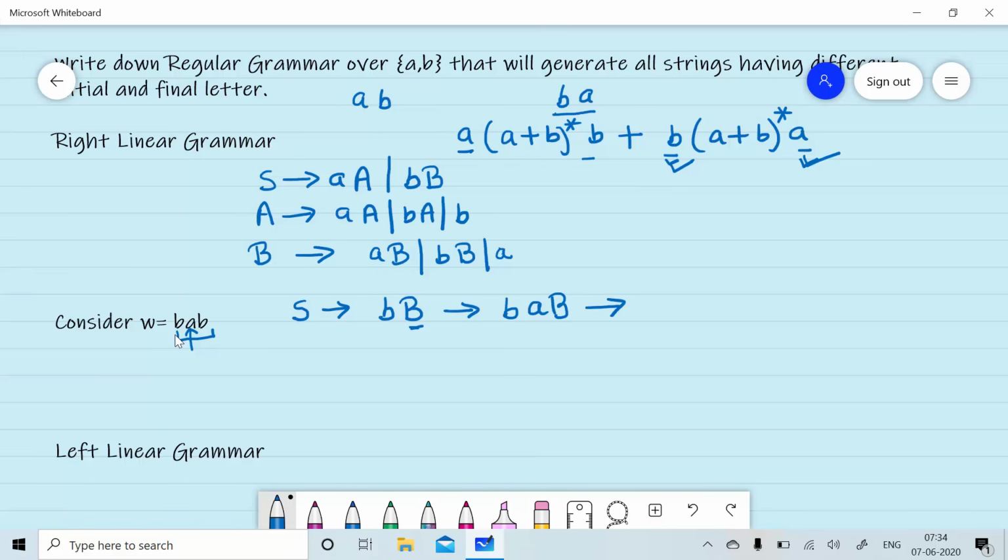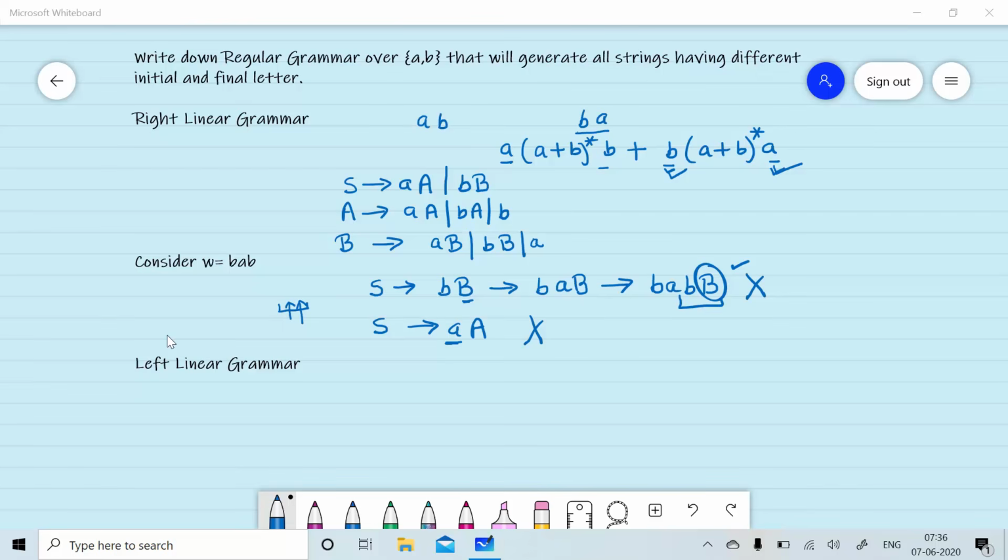Then we want to generate the third symbol as b. This is the only option, but this is not a string as it consists of a non-terminal B. The second option is S can give you aA, but it is starting with a, so it cannot be generated using this option.